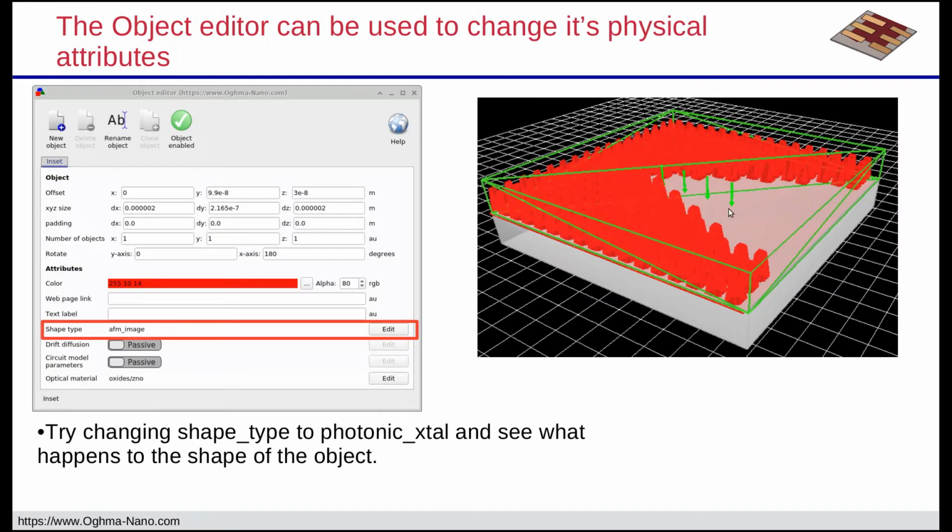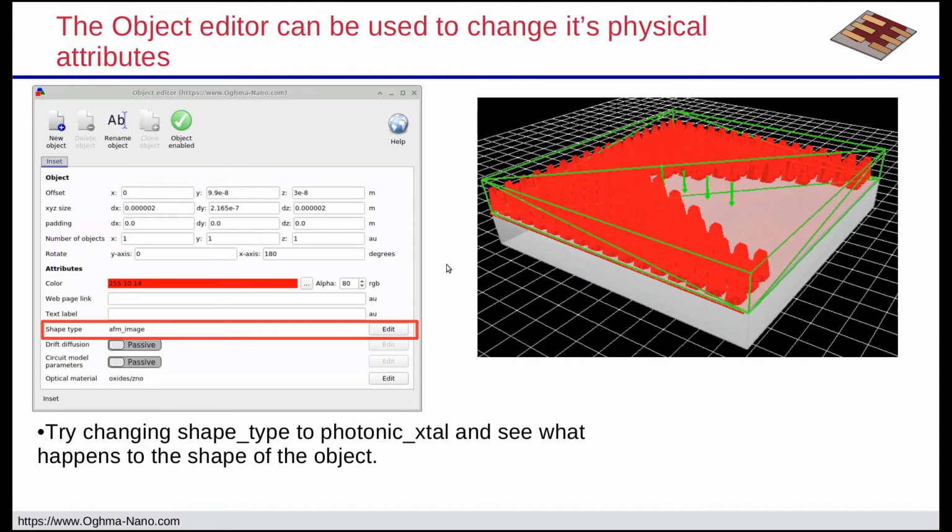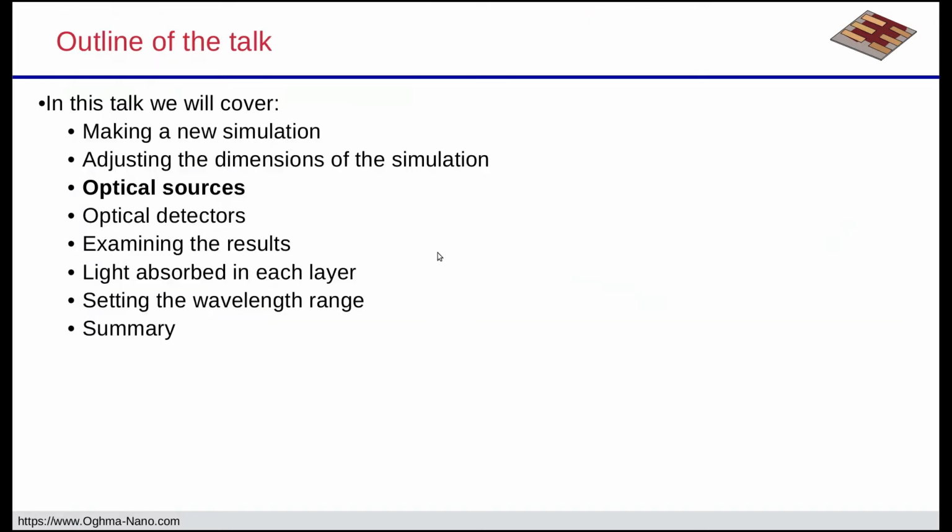The point is you can import any type of structure you want just by clicking shape type and importing the structure that you want. I'll probably talk about that more in another video on the shape database.